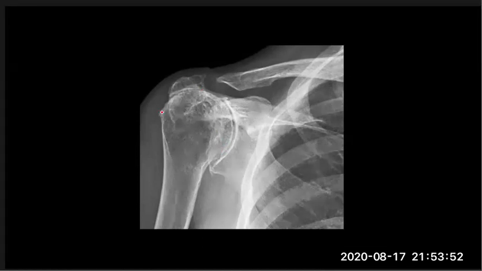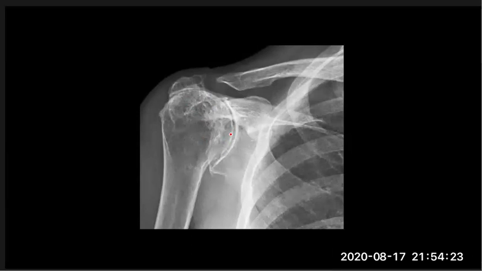So the distance between the acromion and the humeral head is decreased. Normally, how much? About 5 to 6 millimeters. Here the bone looks osteoporotic. And rheumatoid arthritis.